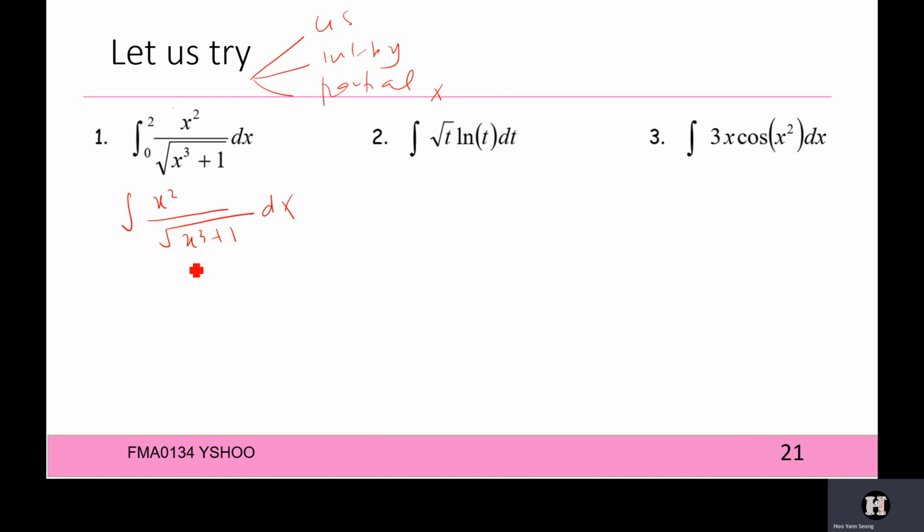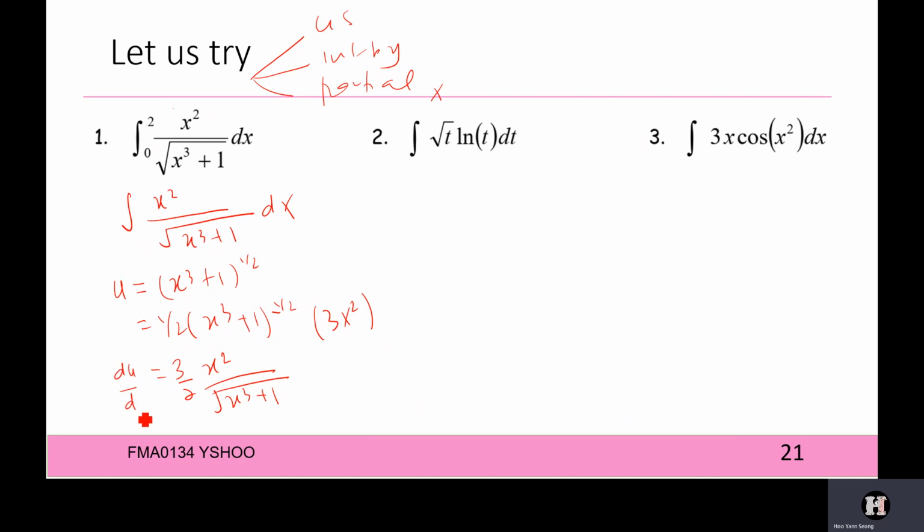Why? Because if you choose u equals x cubed plus 1 to the power 1 over 2, then when you differentiate, actually nothing is wrong, it can still happen. Negative 1 over 2, then differentiate 3x squared. So you are going to have 3 over 2 times x squared over square root of x cubed plus 1, and this is du dx.